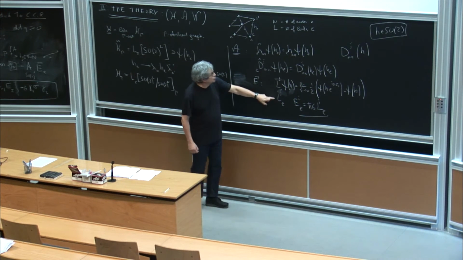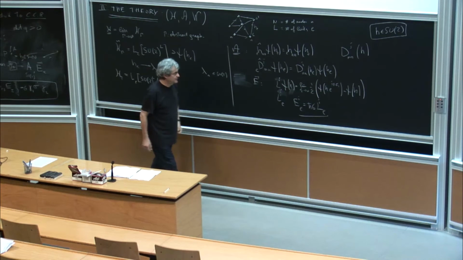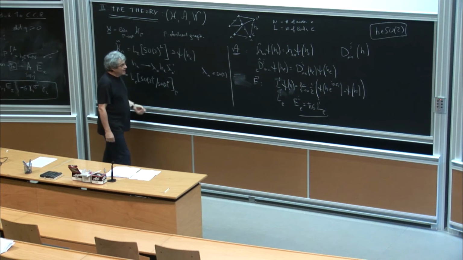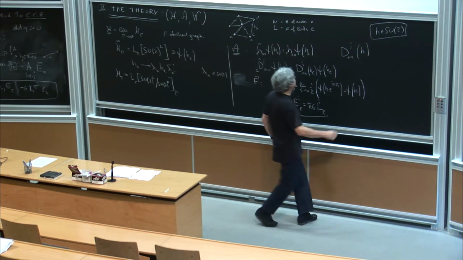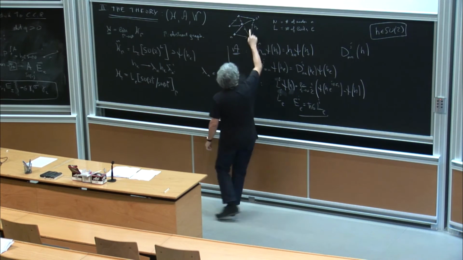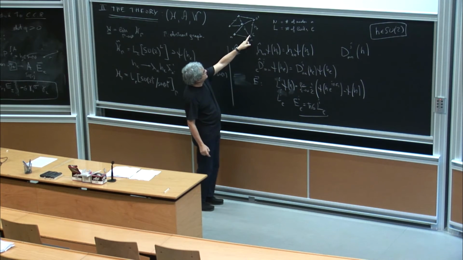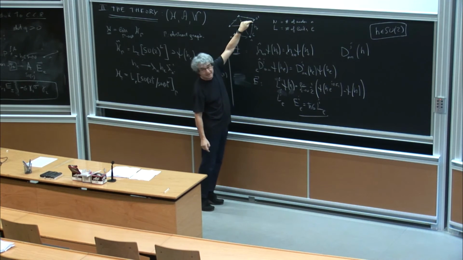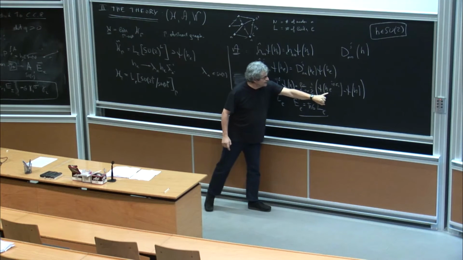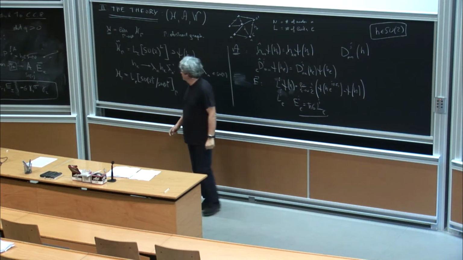And of course they don't commute with h. Where is this L sitting in the graph? Well, h is sitting here, and the left invariant vector field acts here, and the other acts there, in terms of how they transform. One acts on the left and one on the right of the operator.